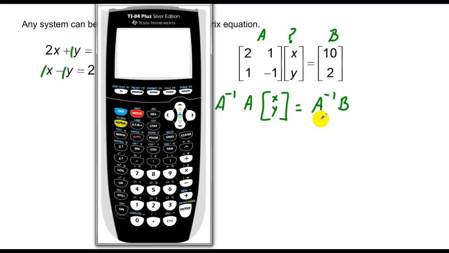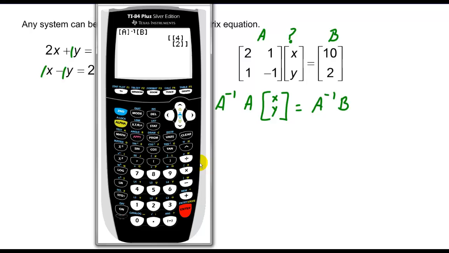I want to calculate A inverse B. So I go second matrix, A, hit the inverse button, hit second matrix again, hit number 2 for the B matrix, hit enter, and bam, here we go.